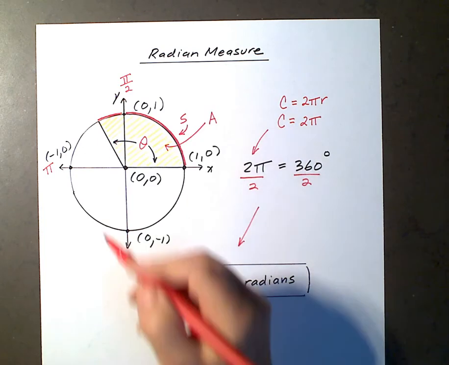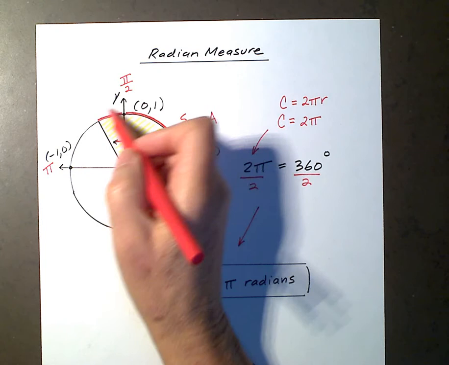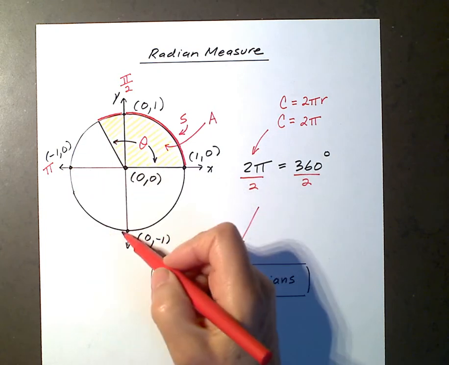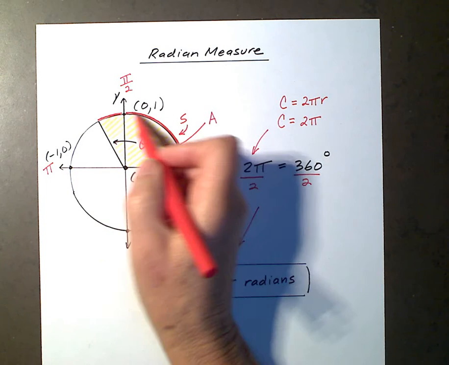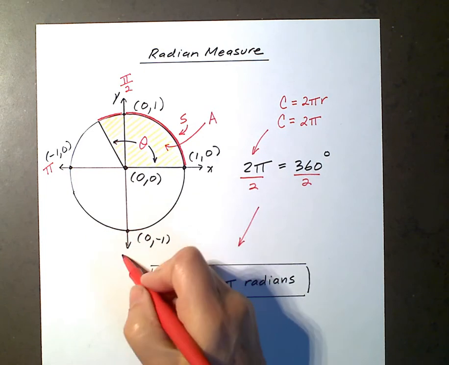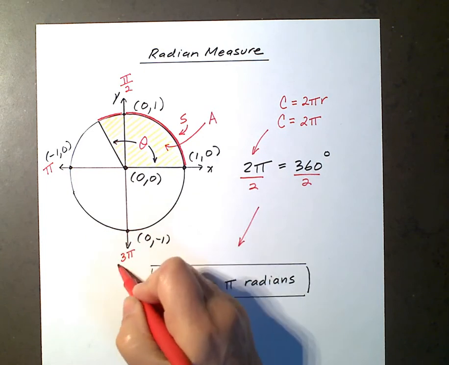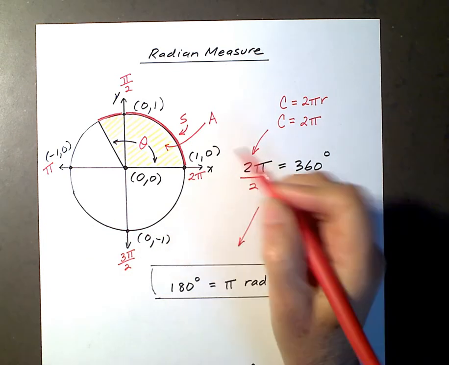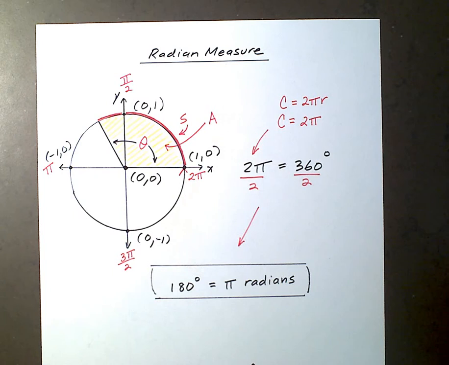And if a semicircle is pi radians, then when I go another quarter of a circle, I've gone pi plus another half pi, or 3 pi over 2 radians, and then all the way around, of course, I'm at 2 pi radians.